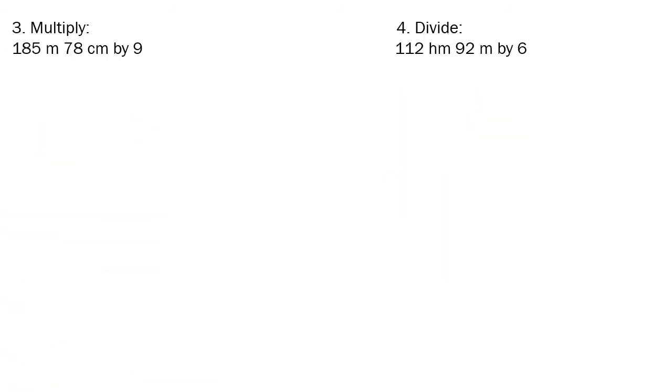Next question is multiply 185 meter 78 centimeter by 9. So firstly we have to convert 185 meter 78 centimeter into meter. So we know 1 meter is equals to 100 centimeter. So to convert 78 centimeter into meter, we have to divide 78 by 100. So it will be 185 meter plus 78 upon 100 meter.